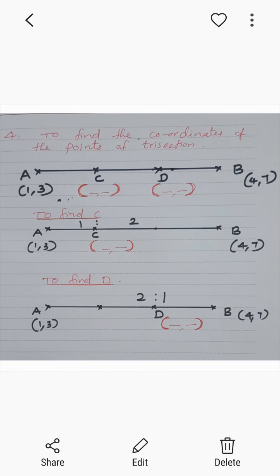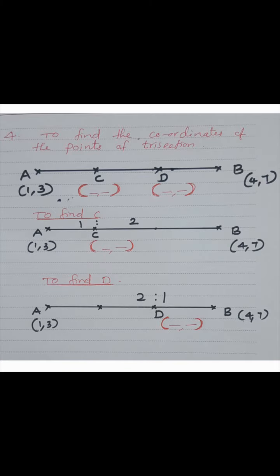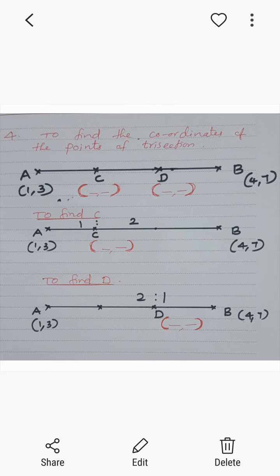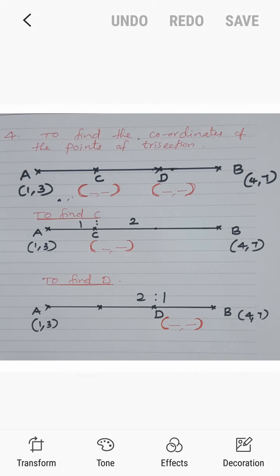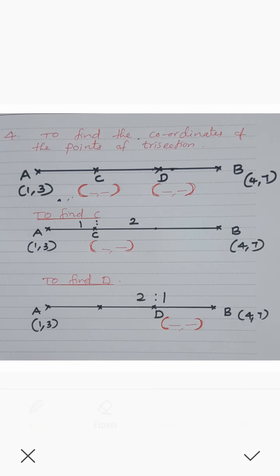The fourth one is to find the coordinates of the points of trisection. What is meant by trisection? Trisection is dividing a line segment into 3 equal parts. In this case, the line segment AB is divided into 3 equal parts by the points C and D. So it is very clear that to divide a line segment into 3 equal parts, we need 2 points.